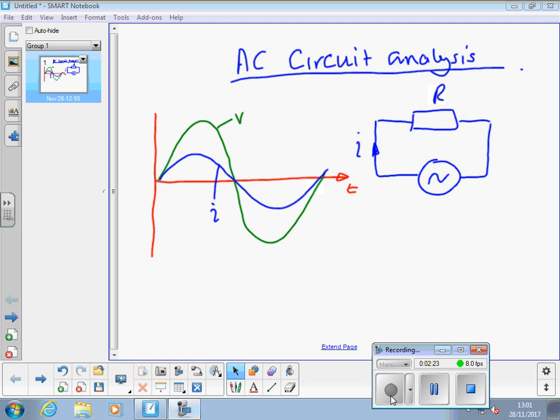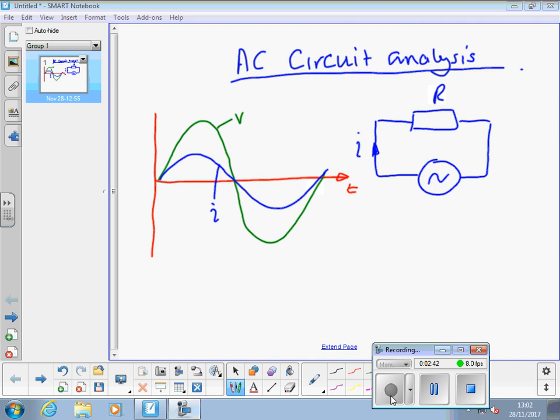Okay, they are in phase with each other. So the current and the voltage both peak and cross the x-axis in the same place at the same time. So they're in phase.